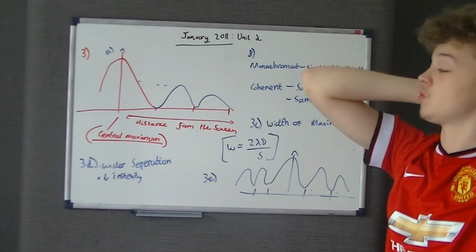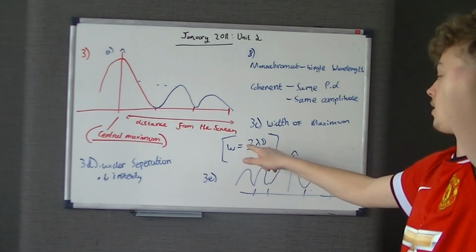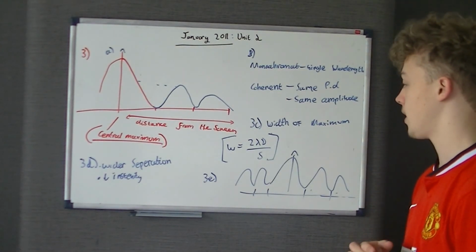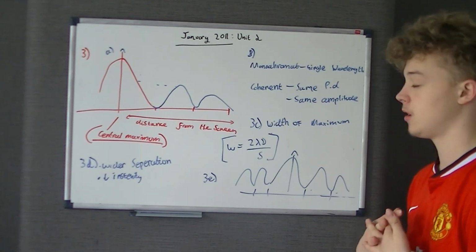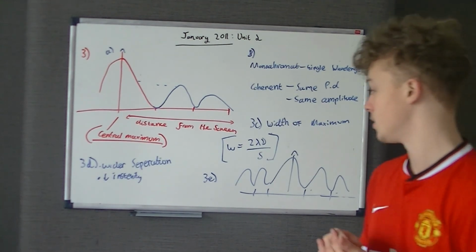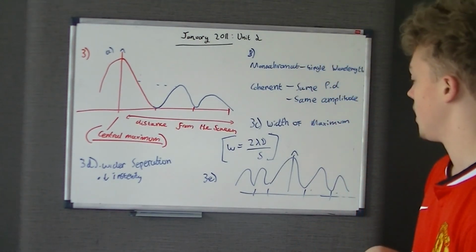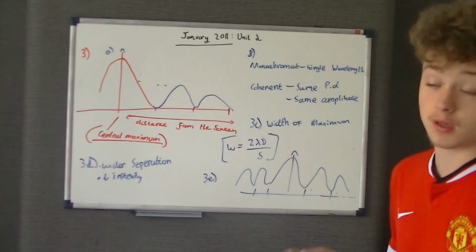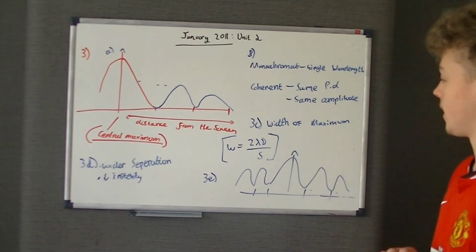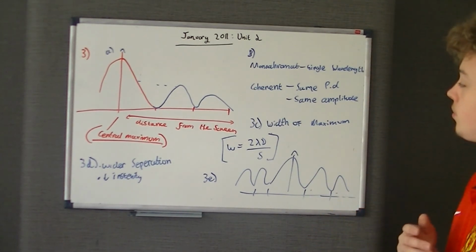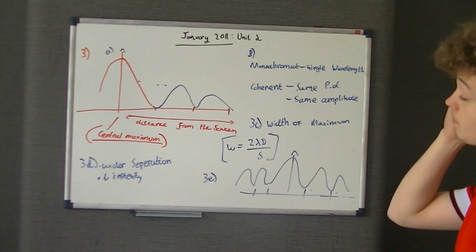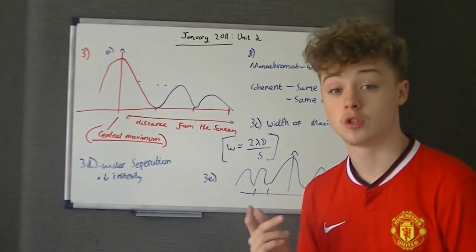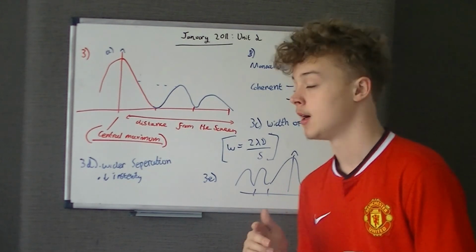For 3D, you just need to remember this equation, W equals 2 lambda D over S for single slit diffraction, and for Young's double slit, you've got W equals lambda D over S, which you can rearrange. You could use that to explain changing the wavelength and slit width. It gives you that equation in your formula page, but it doesn't give you the 2 lambda D over S, so you just need to remember that.